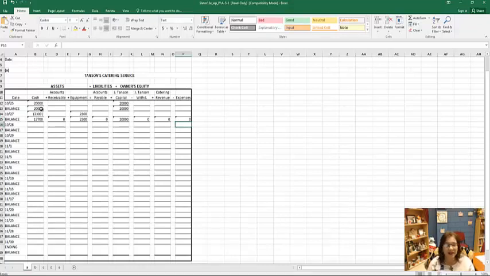Let's do one more, and then I want you to continue, and let's see how you do. Okay. So the next one says, bought additional equipment on account from Ryan for $2,000. Okay. Bought equipment on account. Because we did it on account, we're not taking it out of cash. But we bought additional equipment.